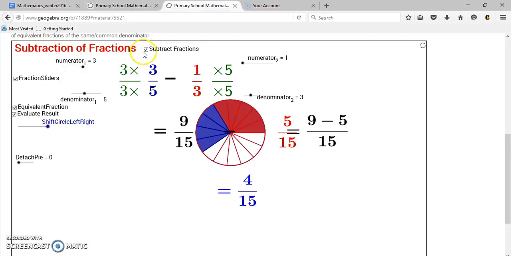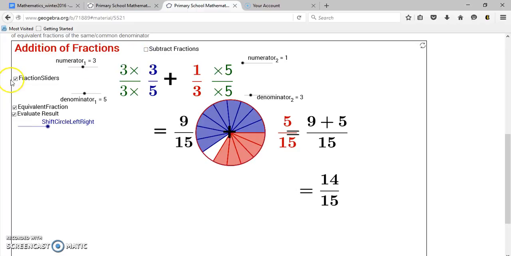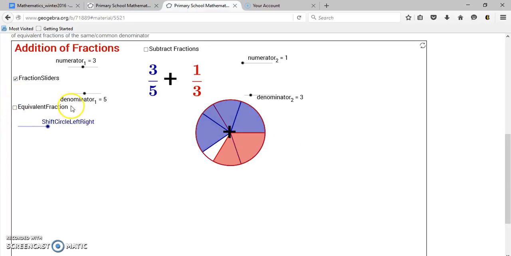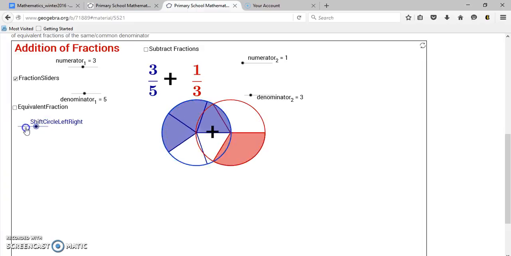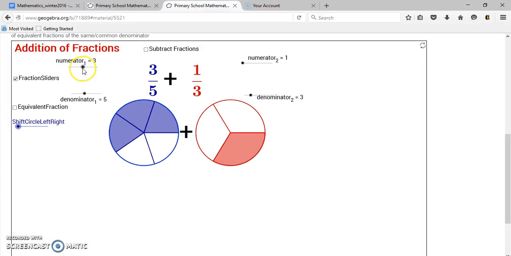You can also use this tool to add fractions. We'll use a different fraction since I accidentally forgot to unclick these options, so it showed you the answer already. So let's start from the beginning. We'll just use the sliding bar over here to switch the numerator in the first fraction, and we can use the slide bar to switch between the denominators.